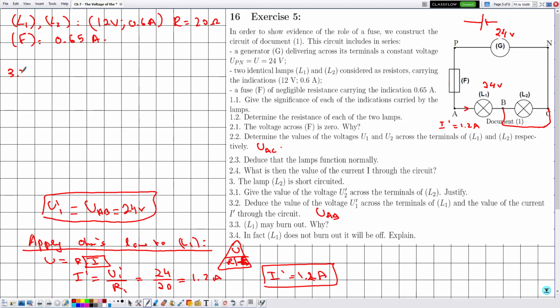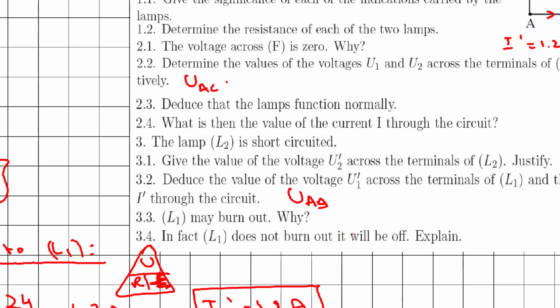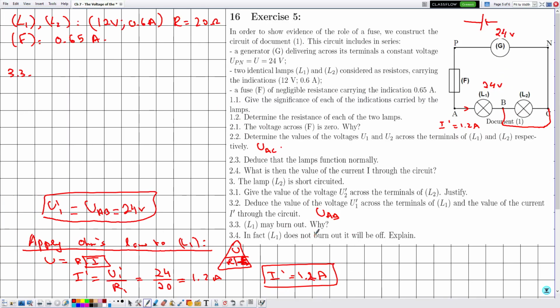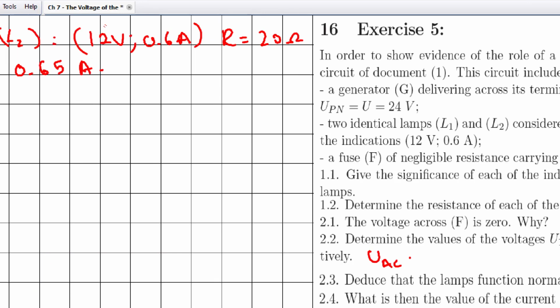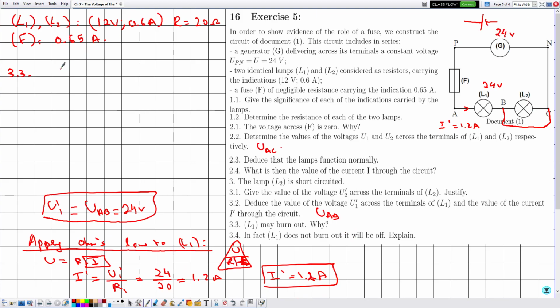Now in 3.3, they are asking us why L1 may burn out. They are discussing again the functioning of the lamp, and the functioning of the lamp can always be described by comparing the rated to the traverse and to the applied, or the applied and the traverse to the rated. So notice that in this case 24 volts is greater than the rated voltage.